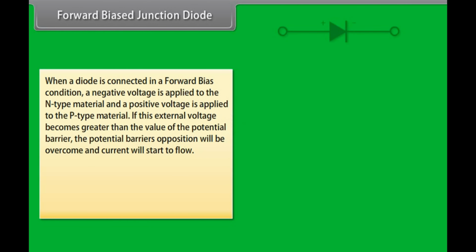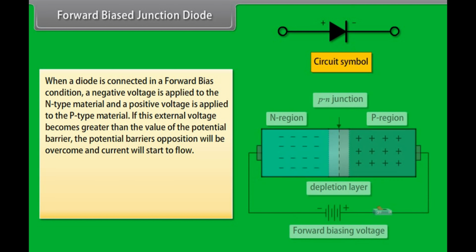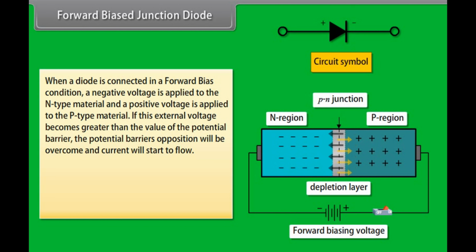Forward biased junction diode. When a diode is connected in a forward bias condition, a negative voltage is applied to the n-type material and a positive voltage is applied to the p-type material. If this external voltage becomes greater than the value of the potential barrier, the barrier's opposition will be overcome and current will start to flow.